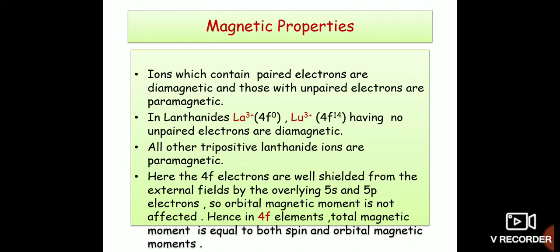Coming to the calculation of magnetic moment for lanthanides, the total magnetic moment is due to both spin and orbital magnetic moments, because the 4f electrons are well shielded from the outermost orbitals like 5s and 5p. They won't interact with the outermost atmosphere, so the orbital magnetic moment is not affected as in the case of d block elements. So here the total magnetic moment is calculated from both the spin and orbital magnetic moment.